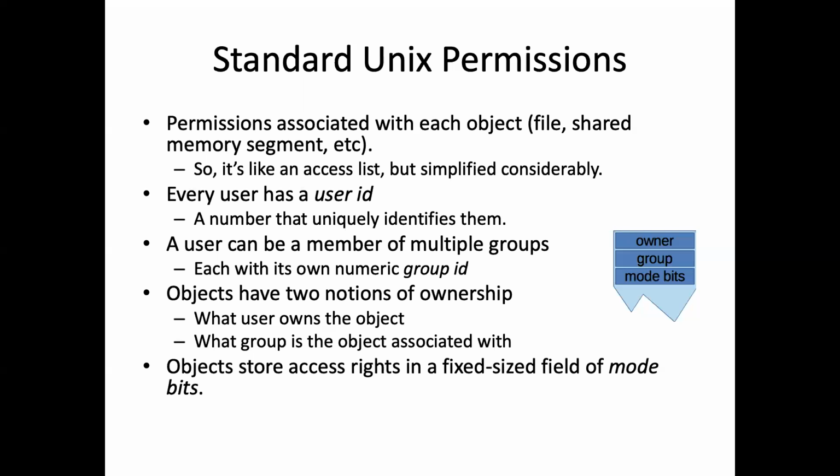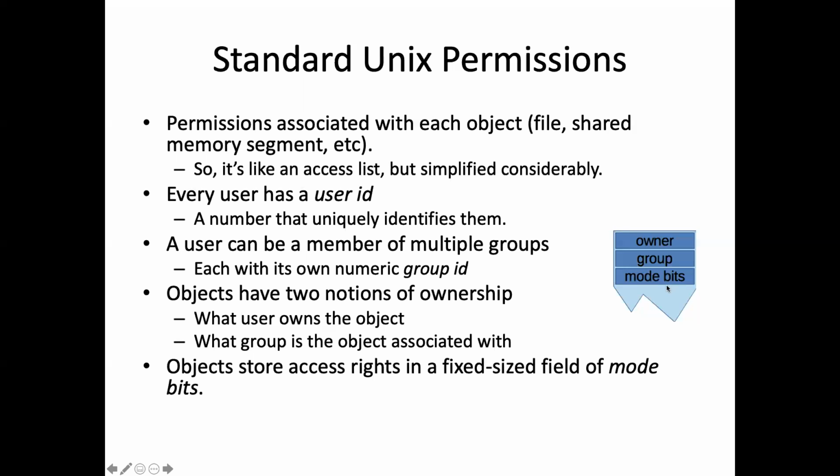Every one of these objects gets an owner, which is a small number that indicates who made that thing. So if you create a file, then by default, you're the owner of that file. You get to decide who can access that file. It also gets a small number of bits that say what you, or not just you, but any user, can do with that file. And that's what I mean by these mode bits here.